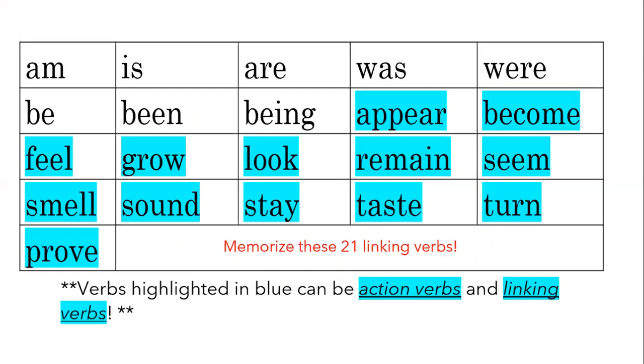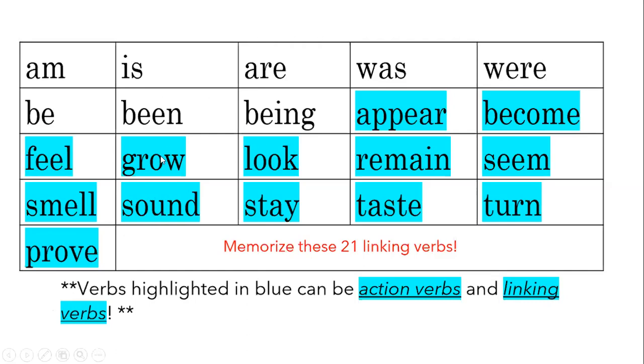Here, I wanted to give you a better view of the 21 linking verbs. If you notice, the first 8, as I said before, are being verbs, and the other verbs here on the table are highlighted for a reason, and that's because these verbs that are highlighted in blue can be action verbs and they also act as linking verbs, okay?